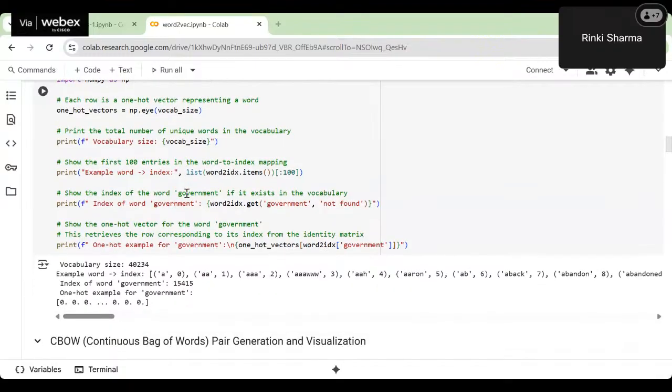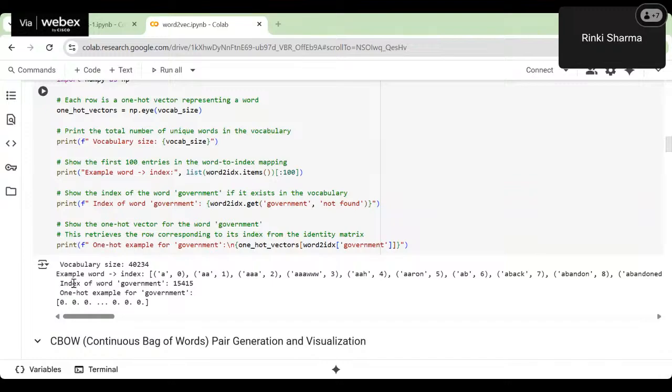And again, we have printed any word. Here we choose the word government. We can choose any other word also from our vocabulary. So here we have printed the index provided to this word.